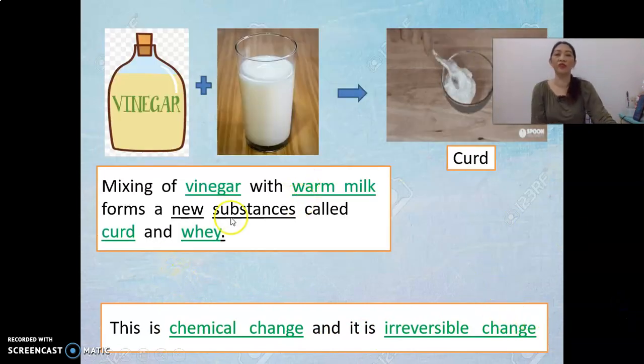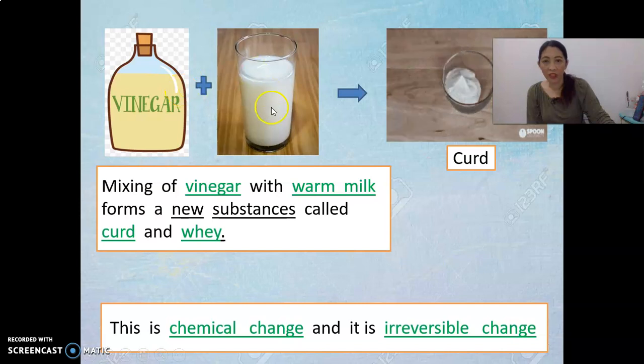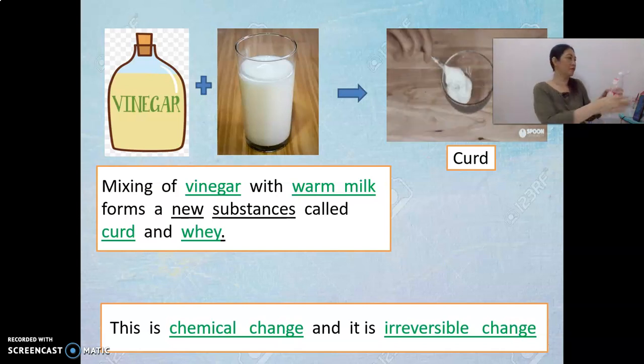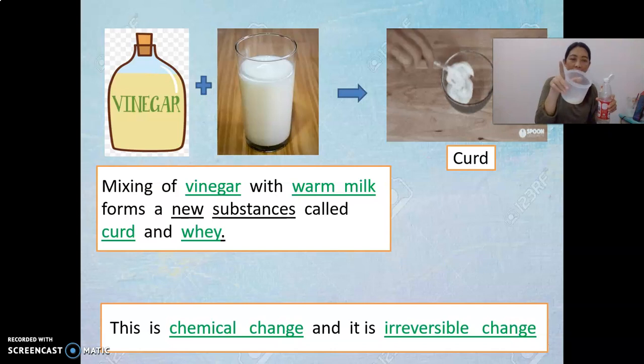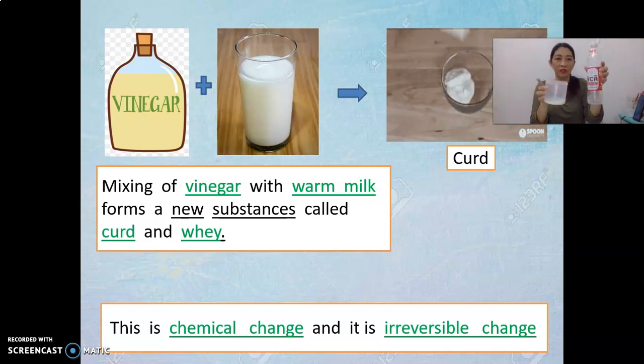Number 3 example is mixing vinegar and warm milk. Vinegar with warm milk forms new substances called curd and whey.